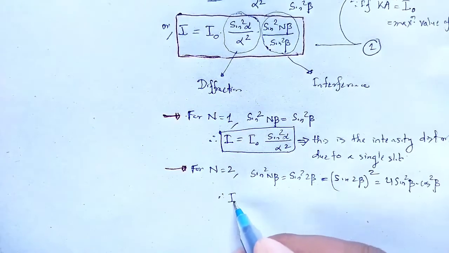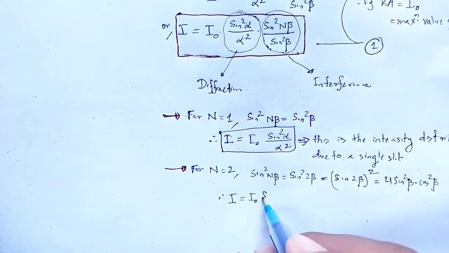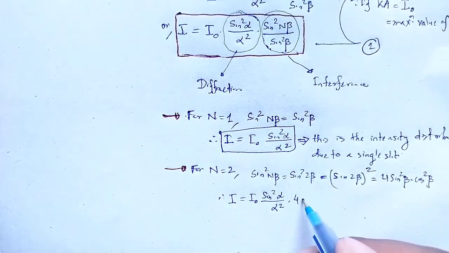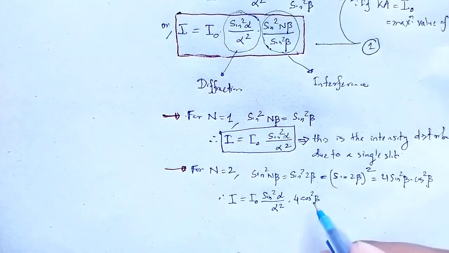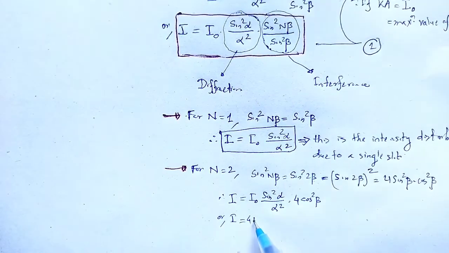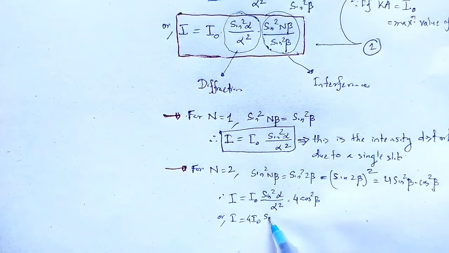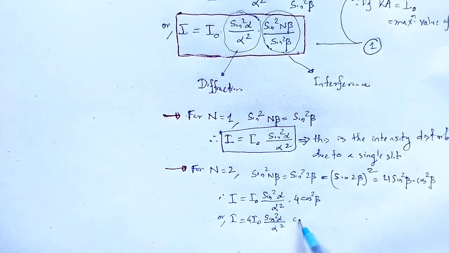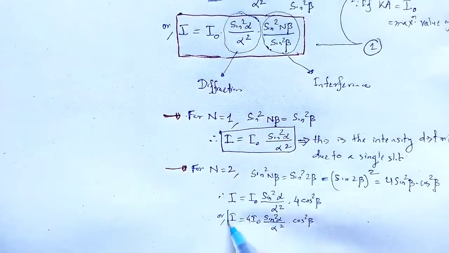Therefore, intensity I is equal to I naught sin square alpha by alpha square into 4 cos square beta, or I is equal to 4 I naught sin square alpha divided by alpha square into cos square beta.